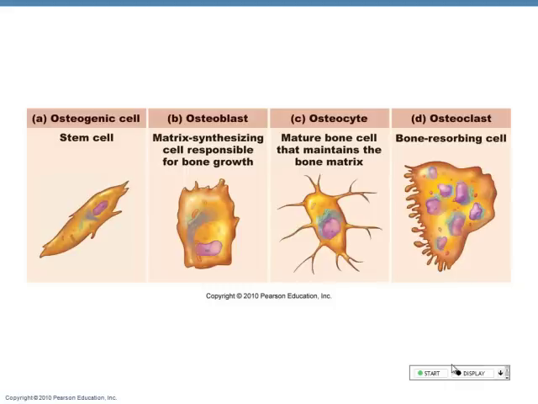We're going to hear that term again when we talk about blood, when we talk about the hematopoietic stem cell. So, osteogenic cells are cells that will eventually mature to form the cells that are going to form bone. When I need to make more bone, what do you think is going to signal me to make more bone?